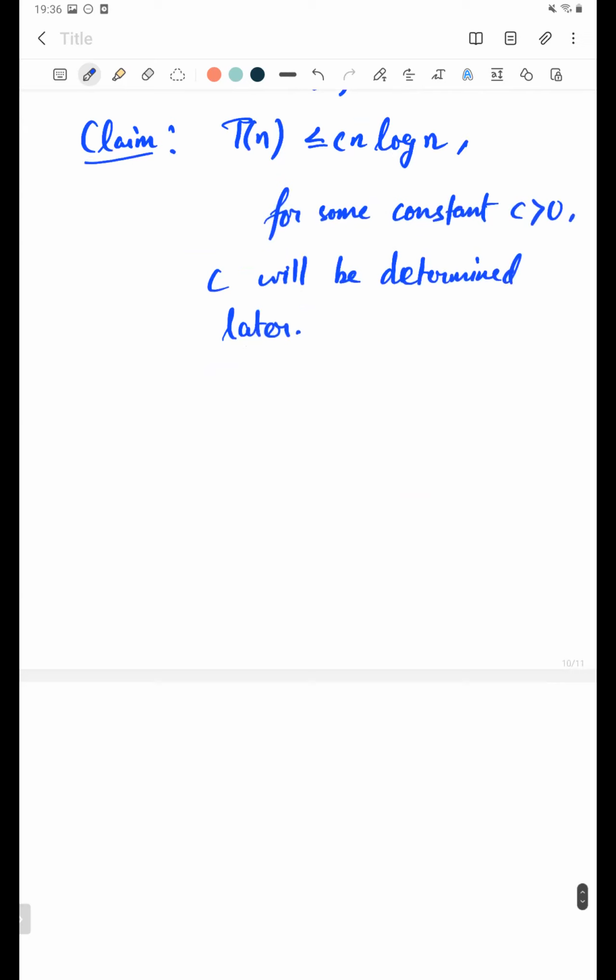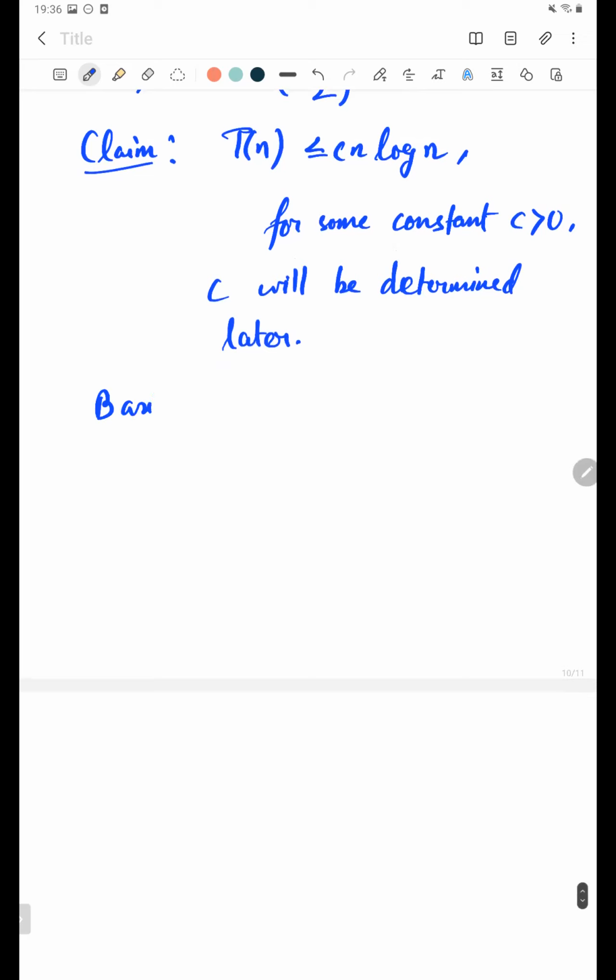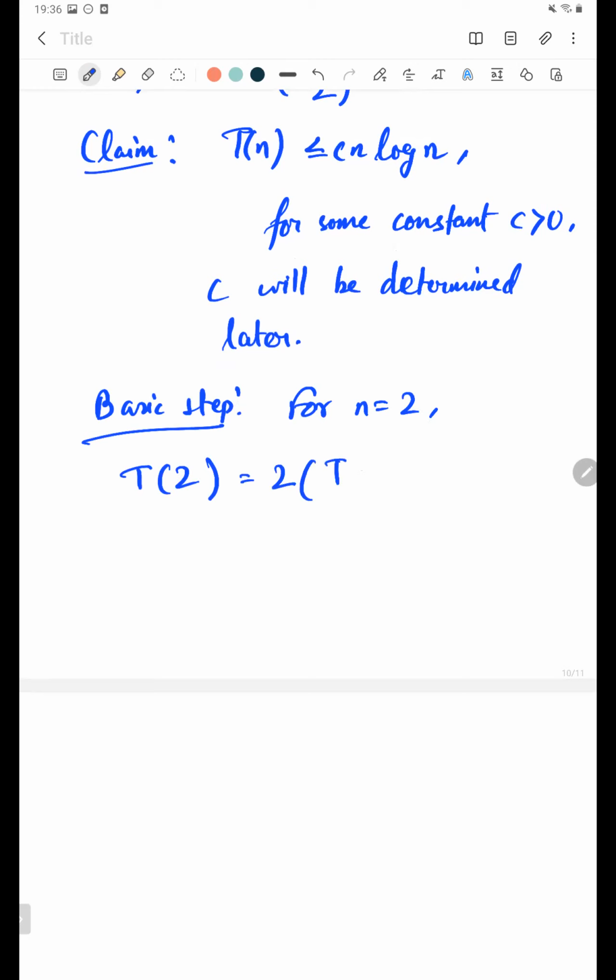Now the basic step is for n equal to 2. T2 is equal to 2 into T1 plus 2.